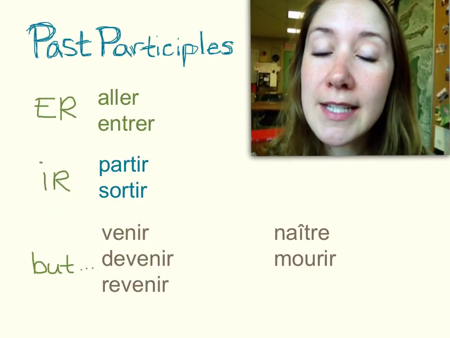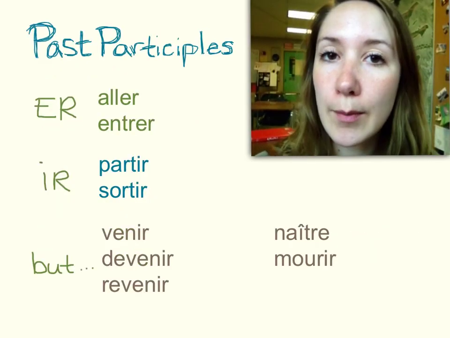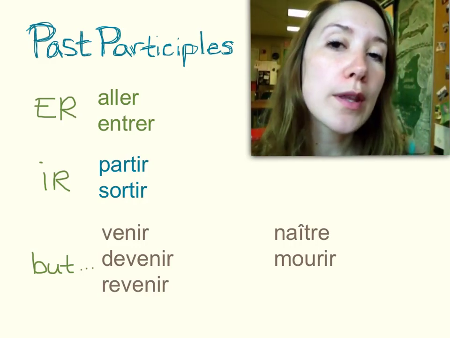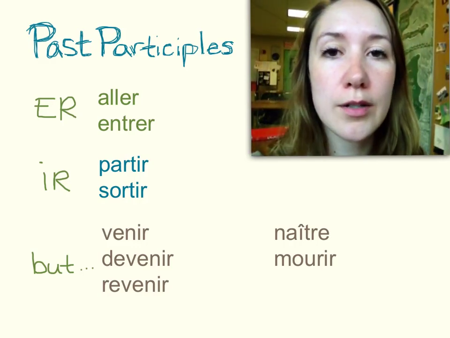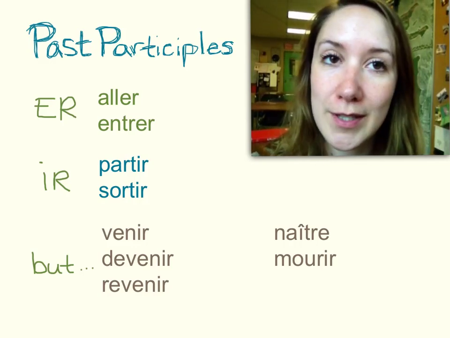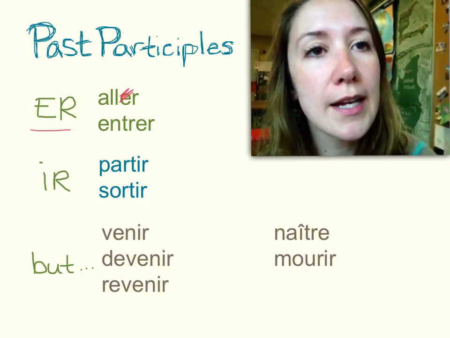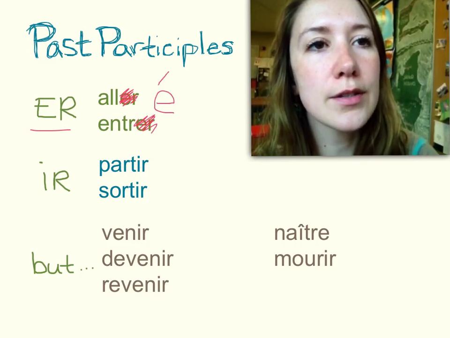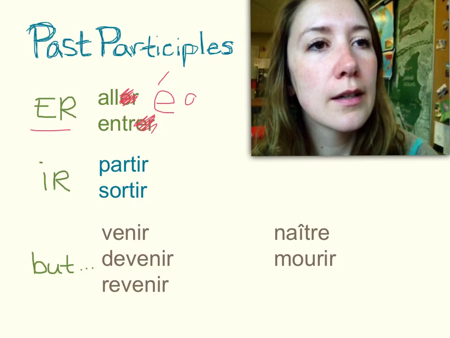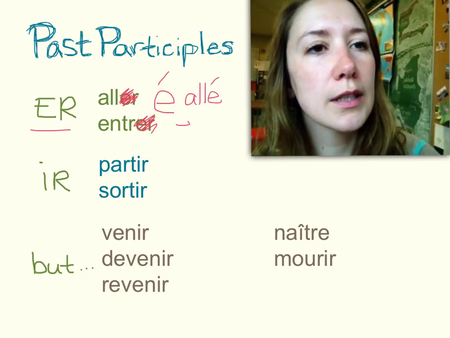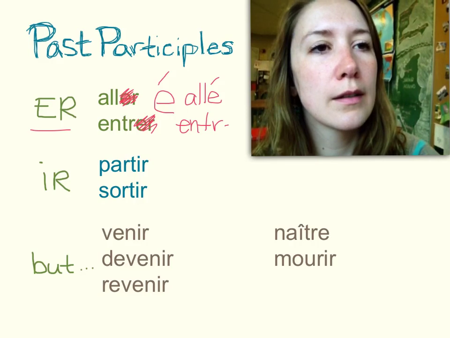Okay, so let's make some past participles so that we'll be able to use both the auxiliary verb être and our past participle with each and every one of our Dr. and Mrs. Vandertramp verbs. So for ER verbs, just like normal, we're going to take off the ER and add E accent aigu. So we get allé or entré.